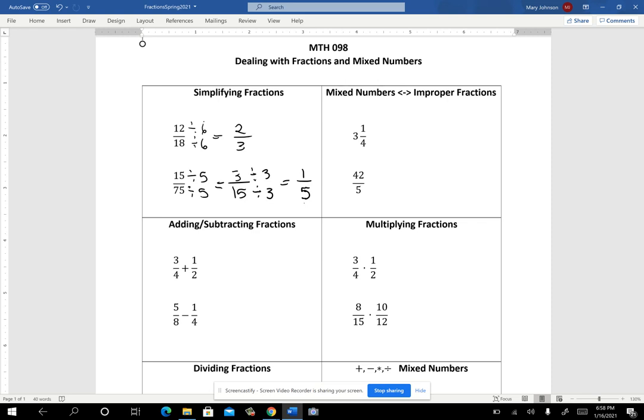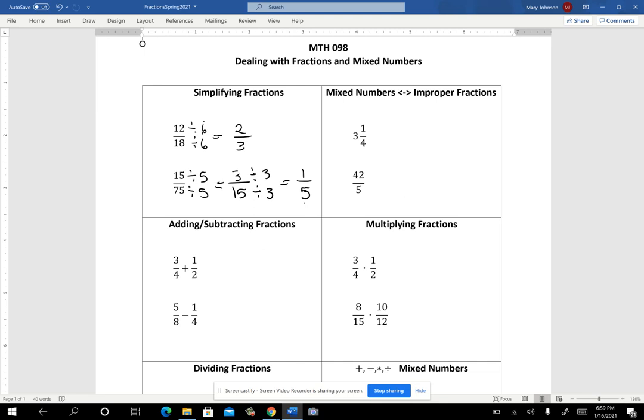Then if you're trying to convert between mixed numbers and improper fractions, here's what you do. If you're starting with a mixed number and you want an improper fraction, you would read it as 3 and 1/4. That's like 3 wholes and 1/4 of something else.